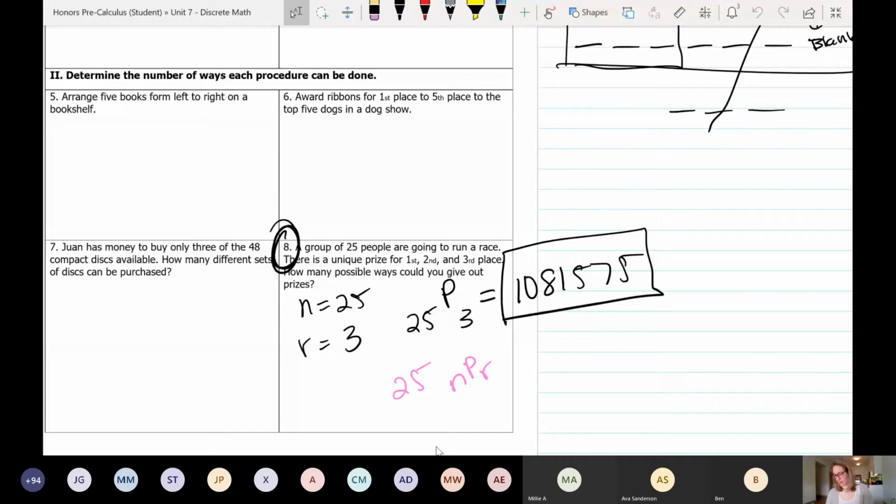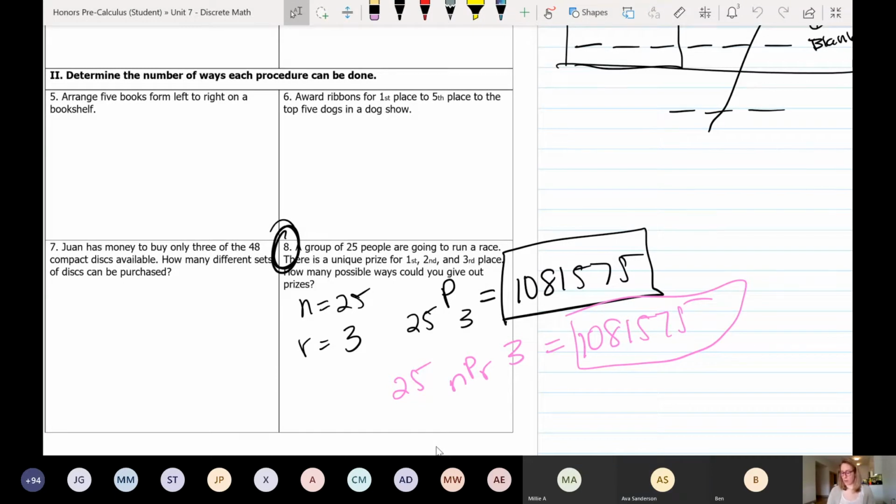Then you type in the R value of 3 and hit enter, and you'll get your same answer of 1081575. So newer calculator, you do math first. Older calculator, you hit the first number first, then go to math, and then type in the number 3. That's how they work.